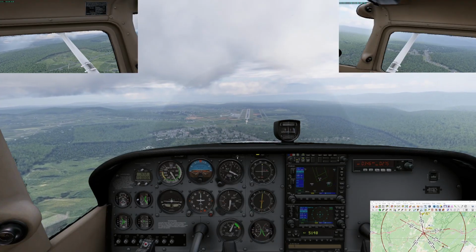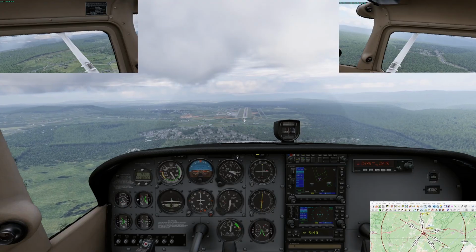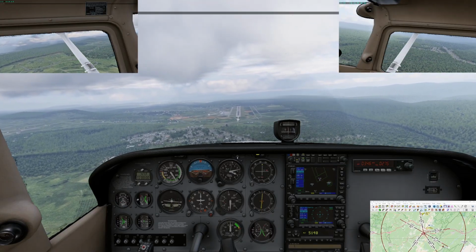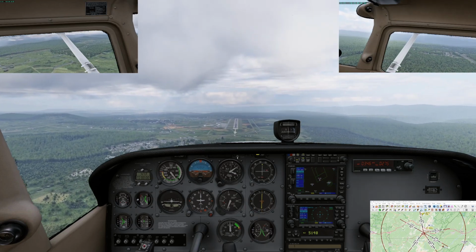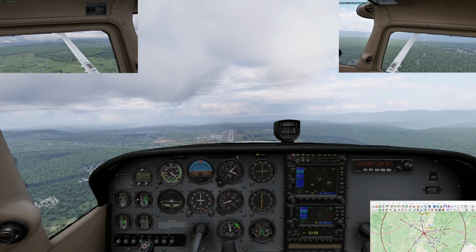Probably have a tailwind here. Yeah, I think we will. Bring more power out. Gas, undercarriage, mixture. Props can go forward. Get myself slowed down here a bit. I'm just going to pull the nose up. Airplane starts to slow.